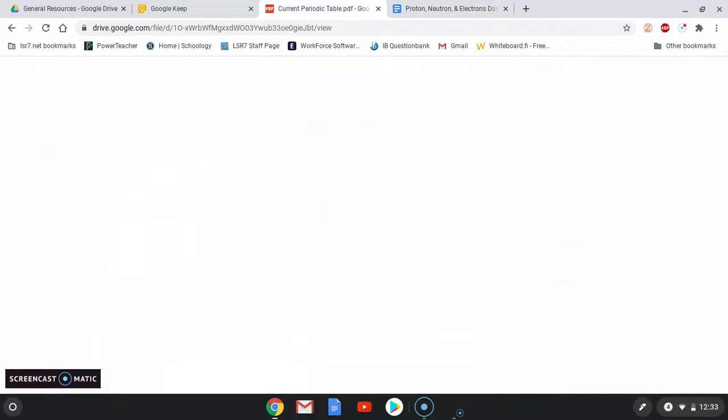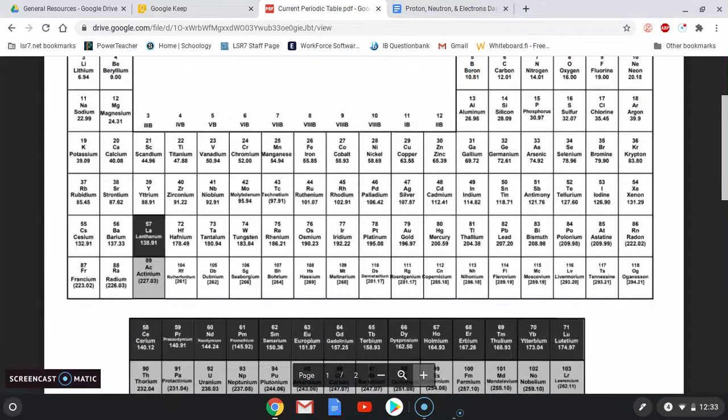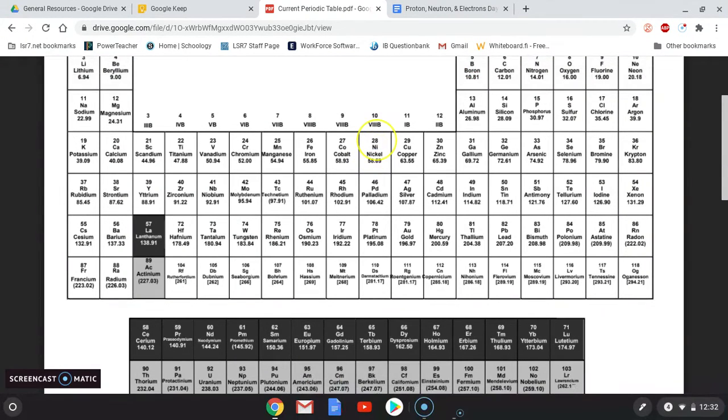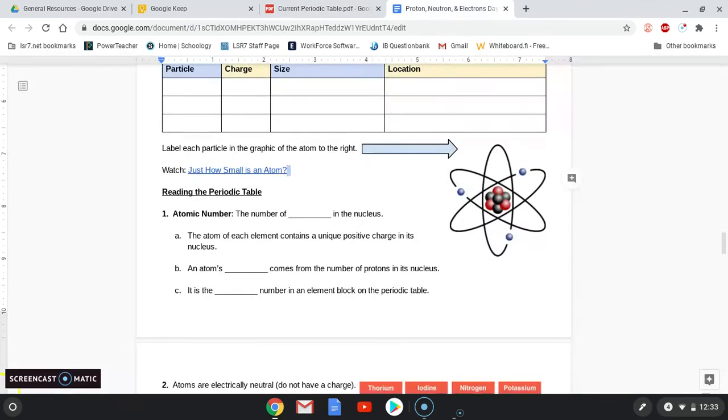We can take a look at a random element. Let's take a look right here at nickel. There's nickel. The top number on the very top is the atomic number, and that's your protons. Right there on top of nickel, it's got 28 on top. So that means it has an atomic number of 28. It also has 28 protons. And that's how you would figure that out.